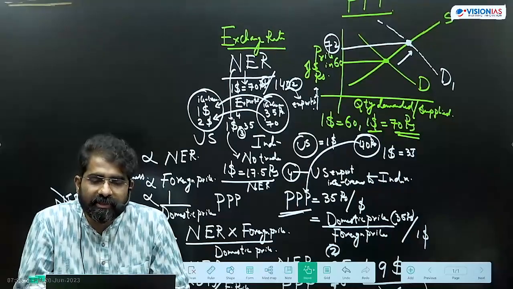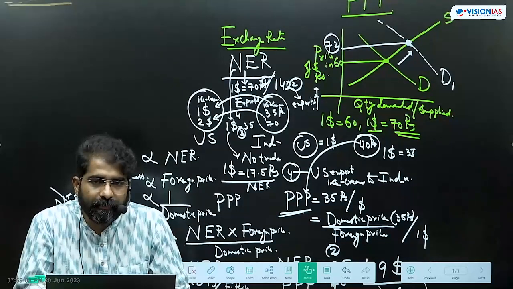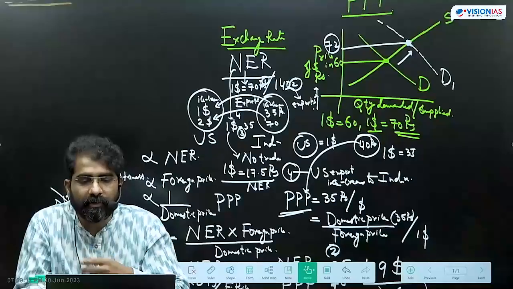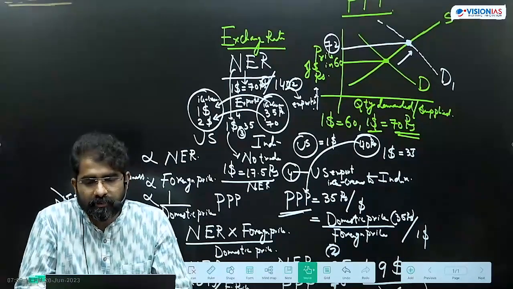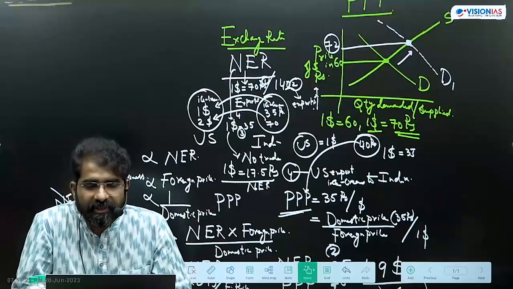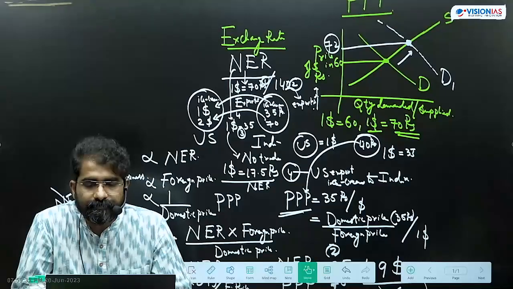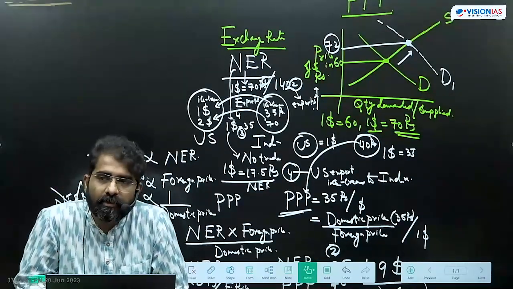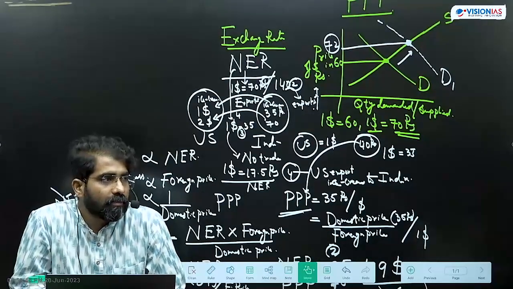It can also be written as rupees 35 per dollar, which implies whatever rupees 35 can purchase in India, the same item can be purchased in the US for $1.